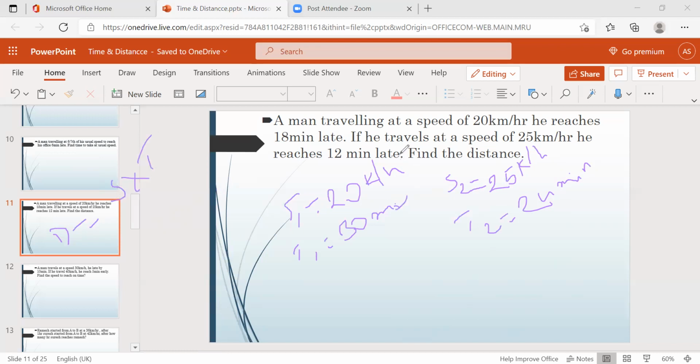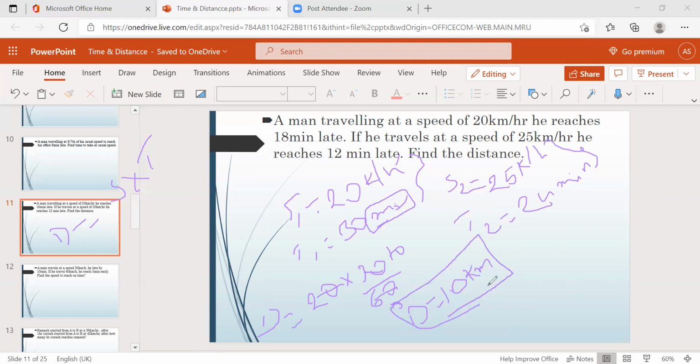We know the time and the speed, so just take any one. So D equals 20 into 30, but you need to observe it's 30 minutes, so you need to convert it to hours, divided by 60. So 2 ones are 2, 3 tens, 1s, 3 10s. So distance equals 10 kilometers, right?